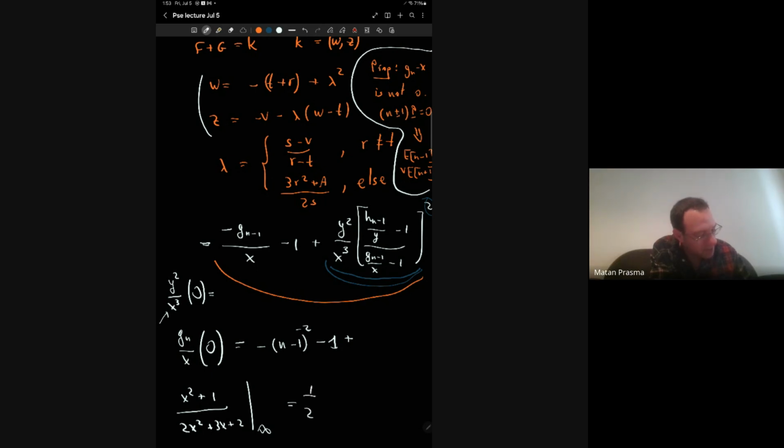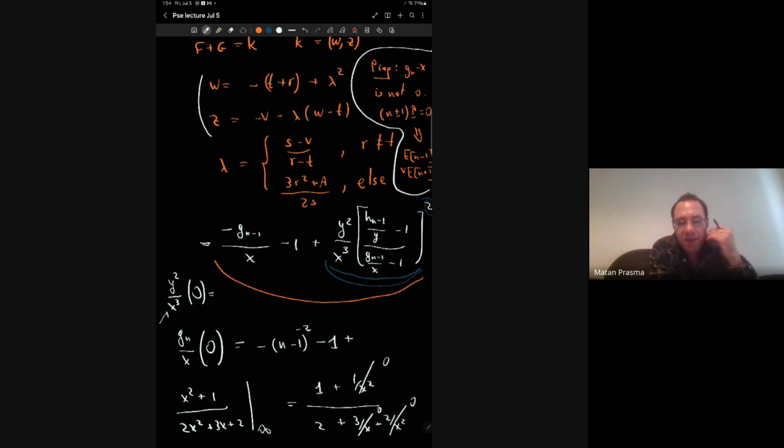I simply take the coefficients of the leading monomials and divide them by each other, because you can divide everything by x squared. You have 1 plus 1 over x squared, and in the bottom 2 plus 3 over x plus 2 over x squared. All these terms become 0 when x is infinity, so you are left with just the coefficients of the leading monomials.